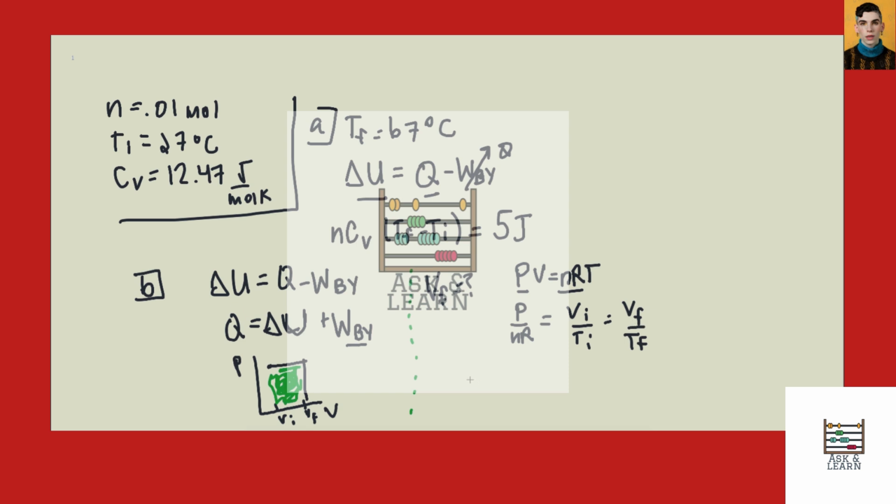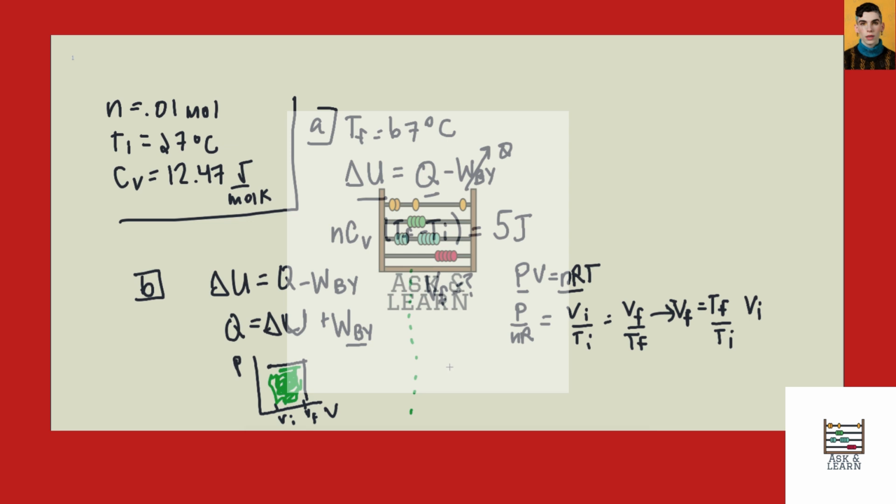And it's always equal to V over T. And therefore, you get that V final equals T final over T initial times V initial.